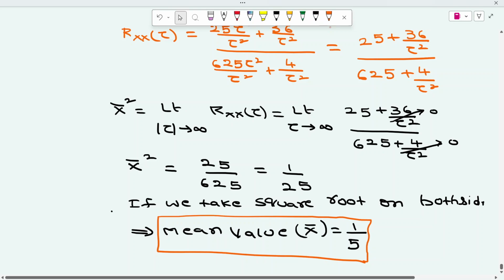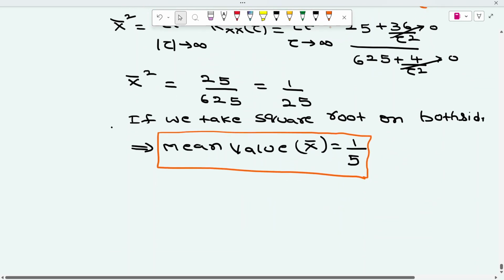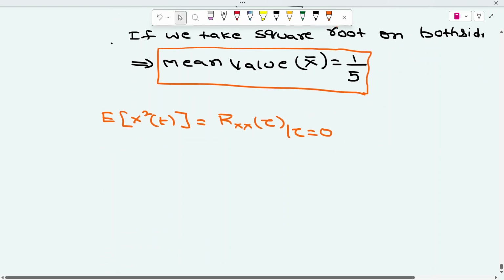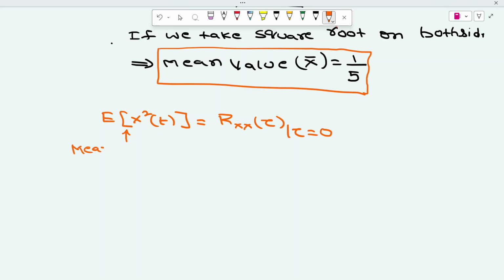Next we have to find the mean square value. The mean square value, as we have seen, is given by the expectation of x square of t, which is nothing but what we get when we substitute tau equal to 0 in the autocorrelation function.